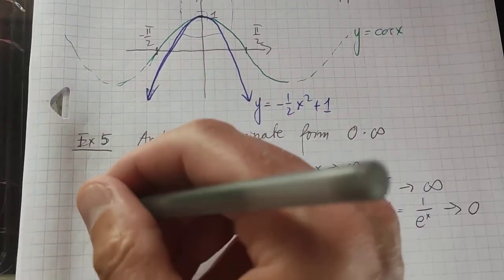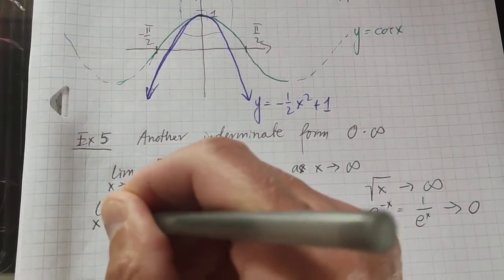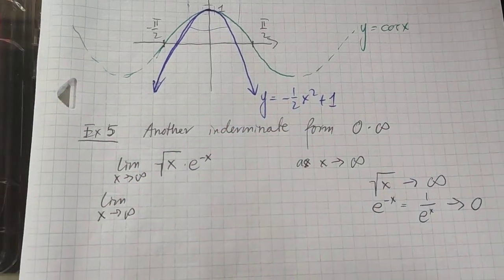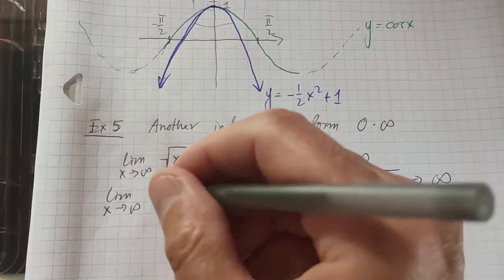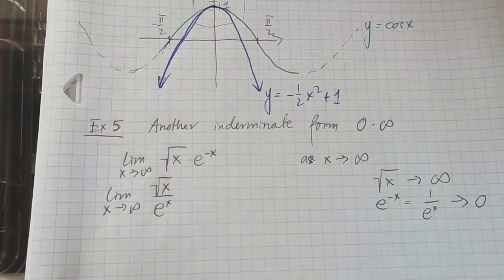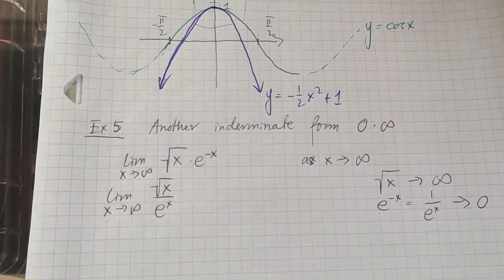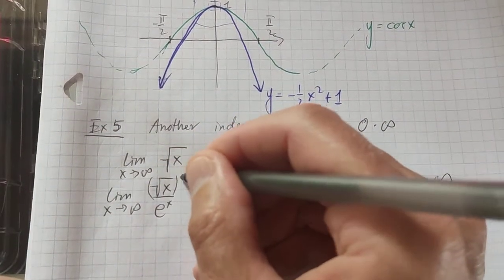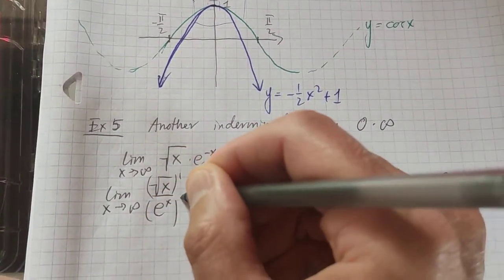Okay, so in fact, let's do that. So limit of x going to infinity, and then let's put that e to the x in the denominator, and let's take a derivative of both.